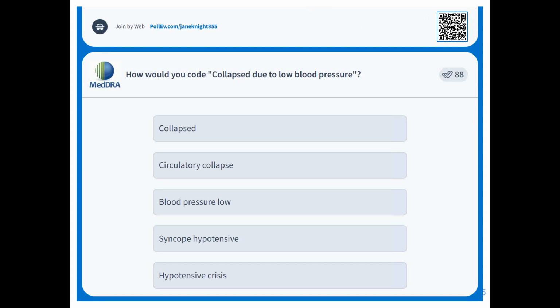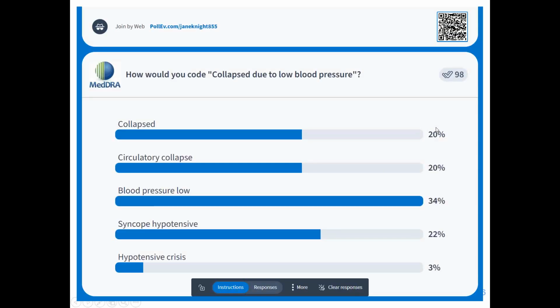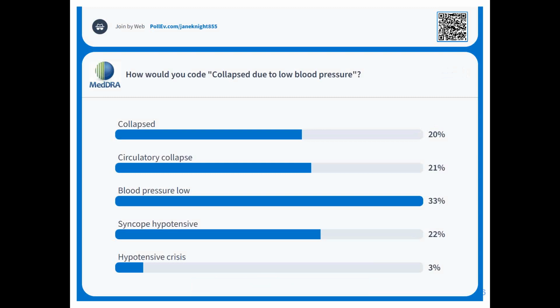And now let's look at what you're going for. So most of you would code to blood pressure low, and circulatory collapse is an option, syncope, hypotensive, and collapse. So there's a split of opinions. Most of you would, of course, consider the blood pressure low.